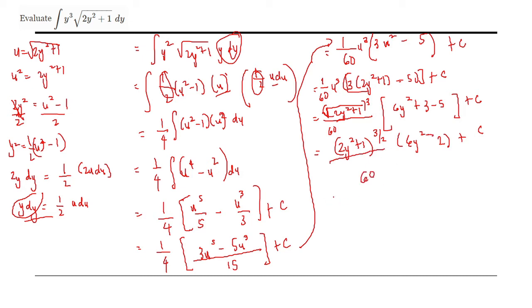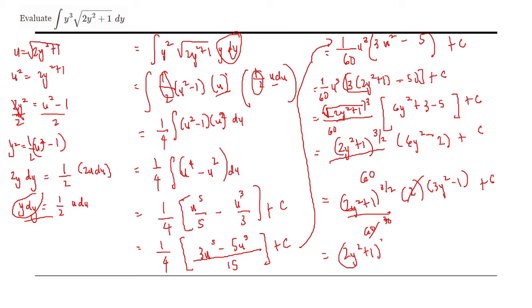So we can still simplify this into 2y squared plus 1 to the power of 3 halves, over 60, times factor out 2 times 3y squared minus 1 plus c. You have to cancel, and we get 30. Therefore, that's 2y squared plus 1 raised to the power of 3 halves all over 30 times 3y squared minus 1 plus c. So that can be your final answer.